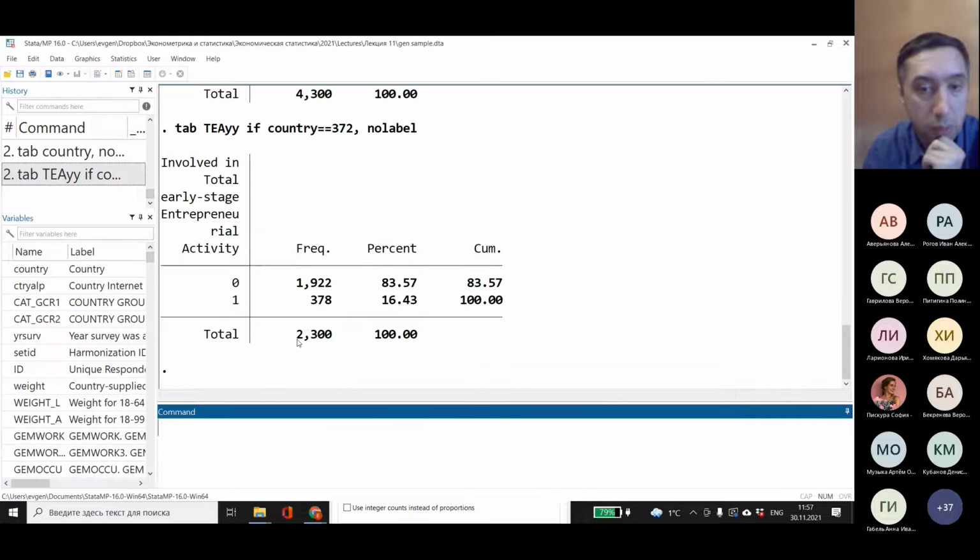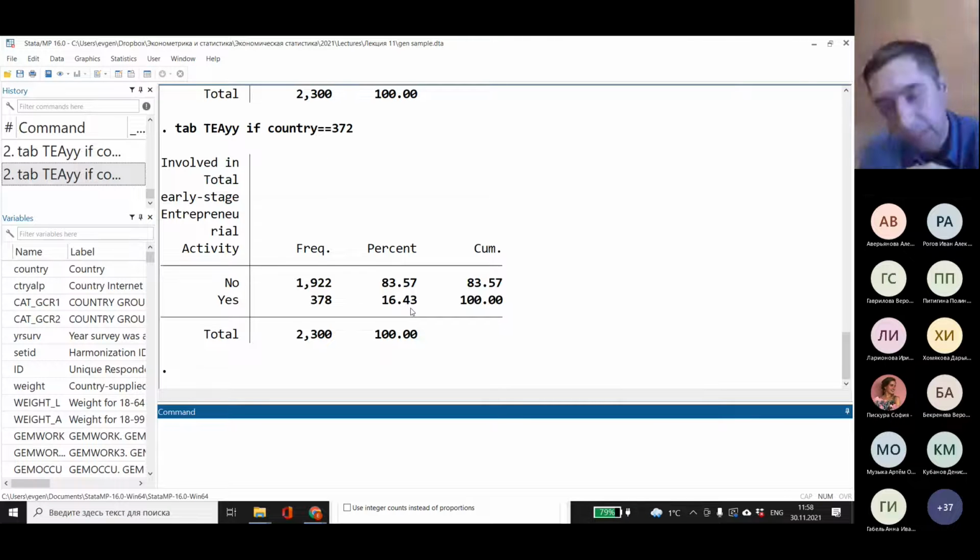Stata will recalculate my total entrepreneurial activity for Estonia, and we see that 16.4% of the adult population is involved in early entrepreneurial activity in Estonia.